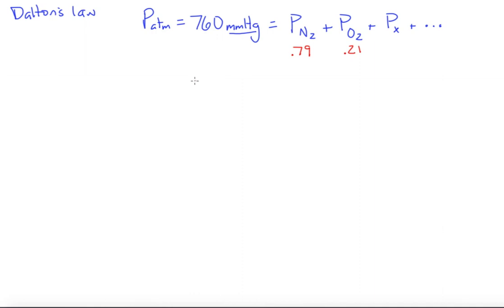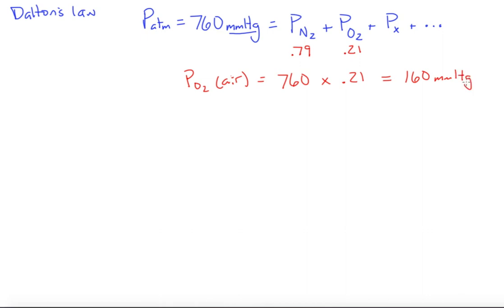So PO2 in air would equal the total pressure of air, 760 millimeters of mercury, times the fraction that's made up of oxygen, 0.21, and I'll round this off a little bit, and we end up with 160 millimeters of mercury.